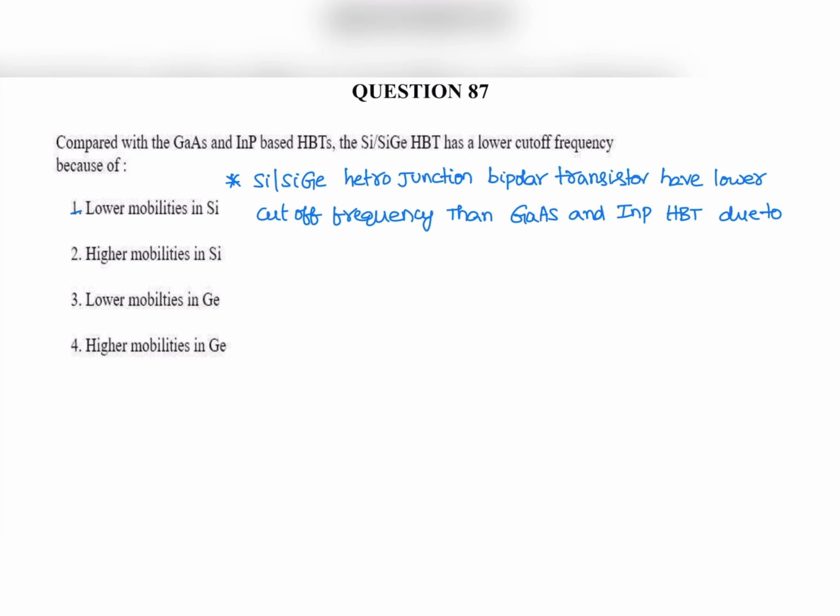Next question. Compared to gallium arsenide and indium phosphide based HBT, the silicon germanium HBT has lower cutoff frequency because of, so silicon and silicon germanium heterojunction bipolar transistors have lower cutoff frequency than gallium arsenide or indium phosphide heterojunction bipolar transistors due to lower energy band and low mobility.